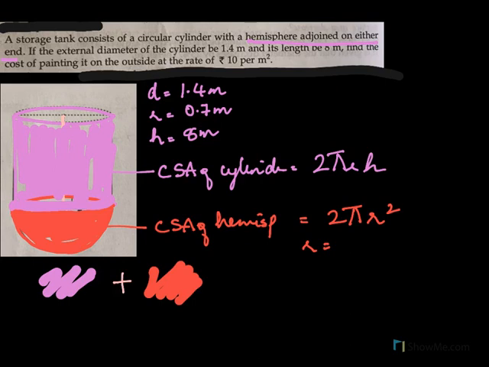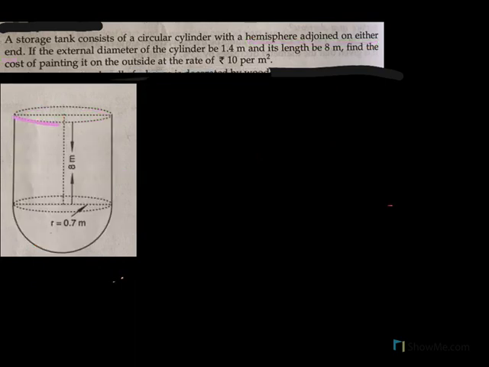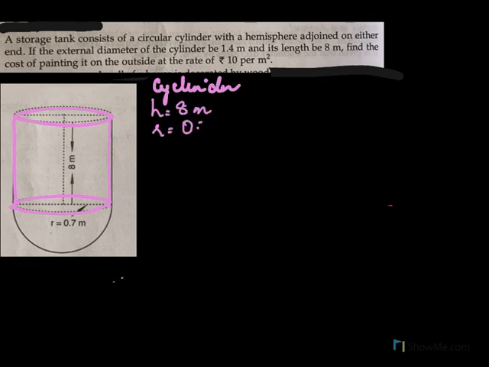Okay, let's go ahead. So we'll first start with the cylinder. So here is the cylinder, and then we have the height of the cylinder given. The height of the cylinder here is given as 8 meter. And the radius we saw was 0.7 meter. Diameter was given 1.4, so radius will be 0.7.